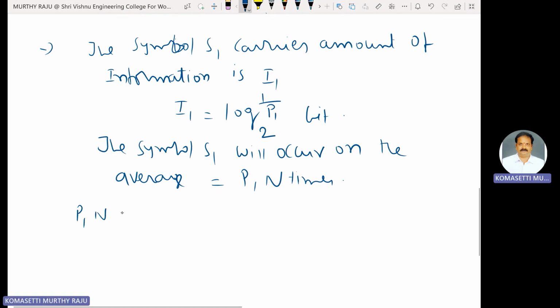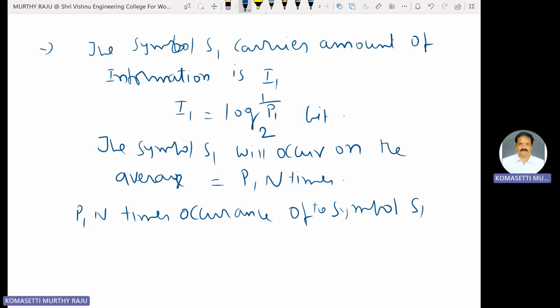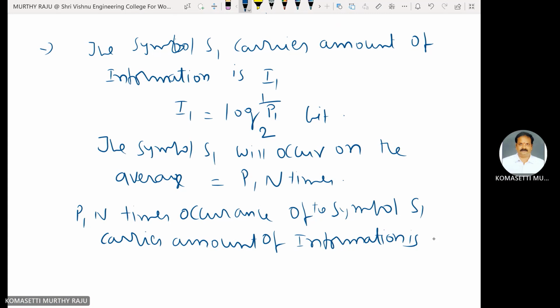P1 into N times occurrence of the symbol S1 carries amount of information is I1 total.